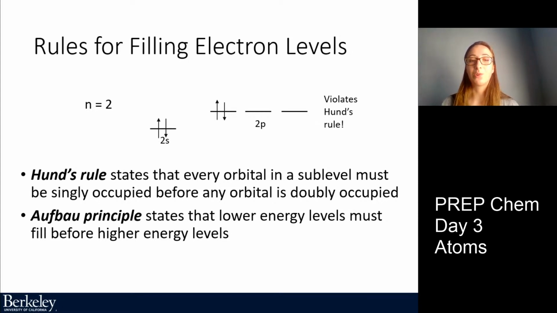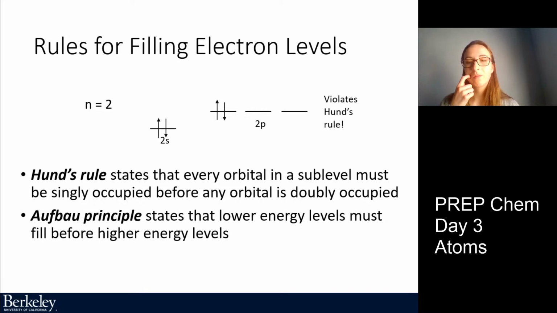And then where Hund's rule comes in is, when you start filling those 2p orbitals, you're going to want to put one electron into each of the three orbitals before you put two electrons into one orbital. Does that make the difference a bit more clear?